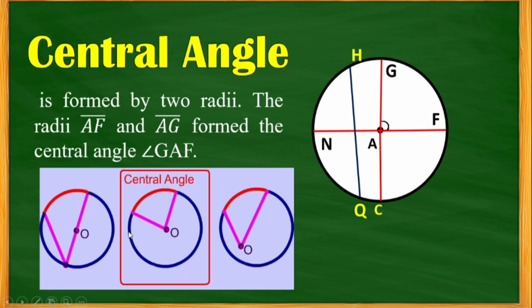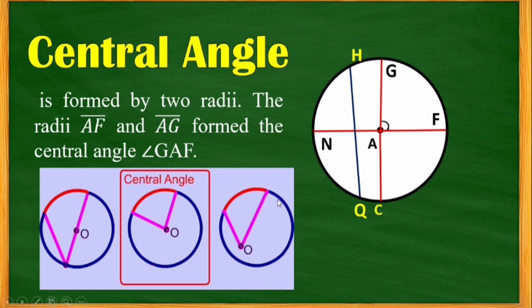And for this example, the first circle O, we cannot classify this one as a central angle because it does not involve two radii. By the definition, a central angle is formed by two radii. This one is one radius and another line that connects, but it does not form a central angle.